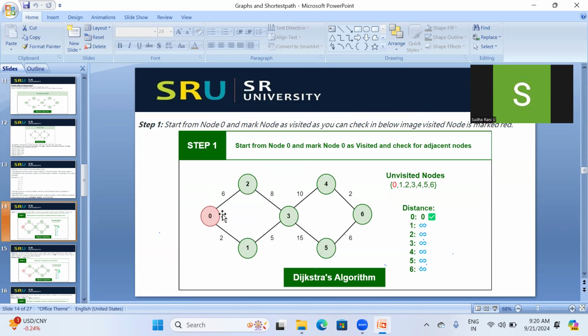When I start at node 0, the value will be 0, and all the remaining values are as usual infinity. Why? Because in my first traversing, I visited only the 0th node, and the remaining nodes I didn't visit.